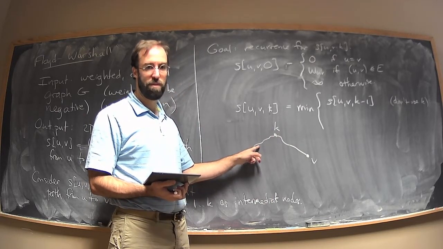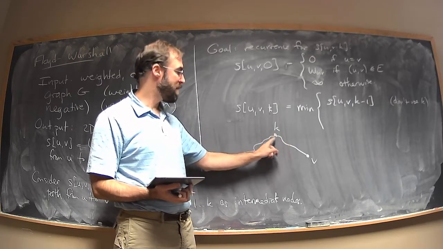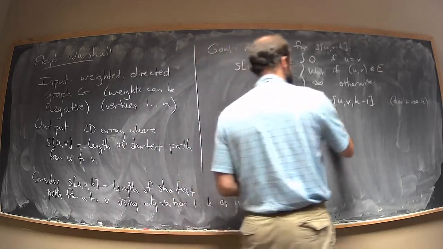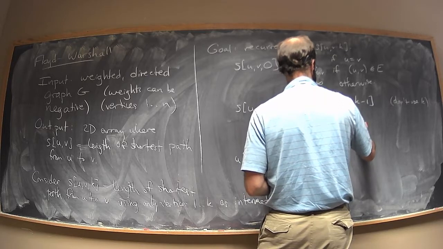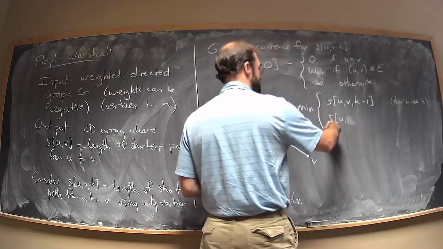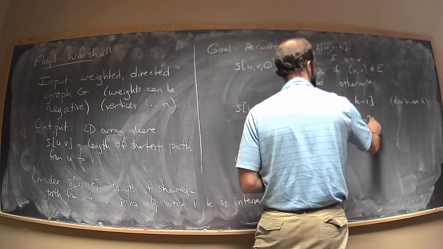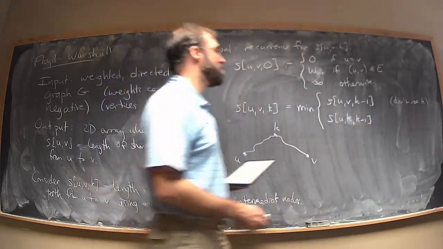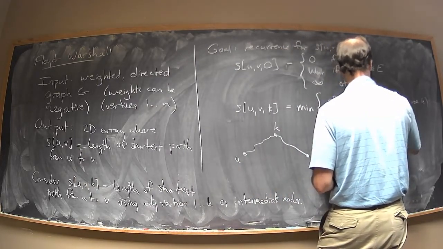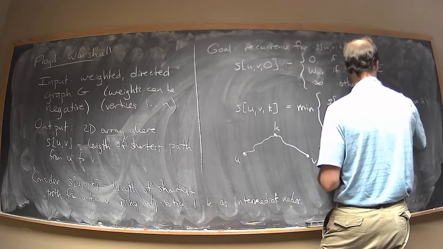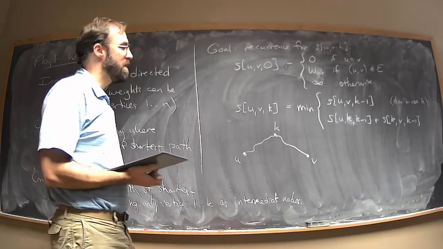It'll only use vertices 1 through k minus 1, and the same for this one, because we already have a k here. So this is going to be S of u k, the best path length from u to k using only vertices up to k minus 1, plus whatever the best length is from k to v using only k minus 1. Okay, so that's our recurrence.